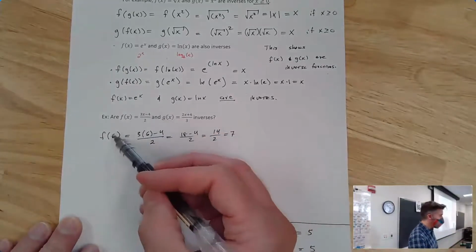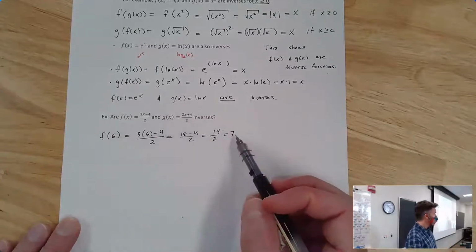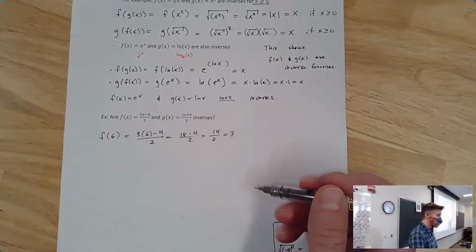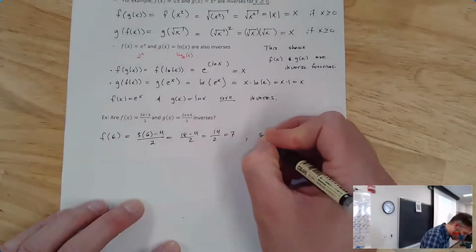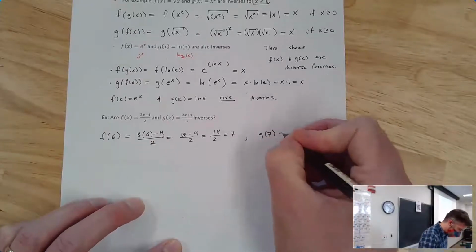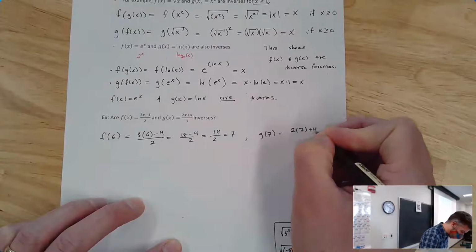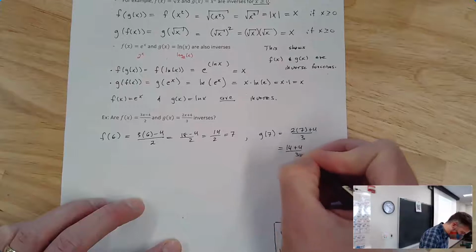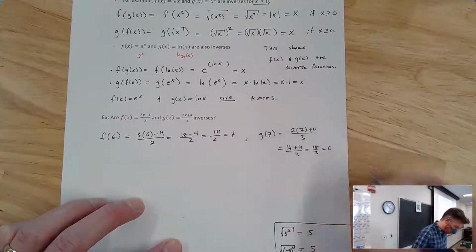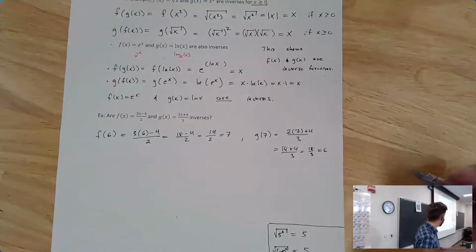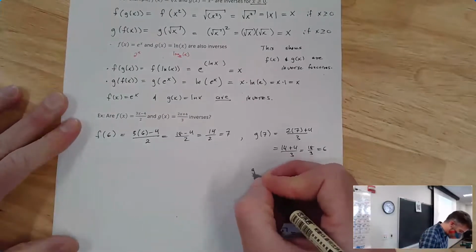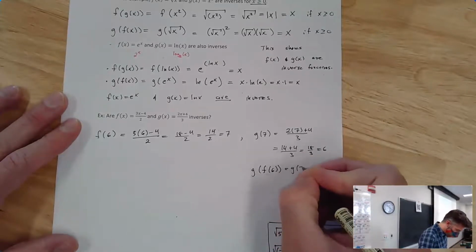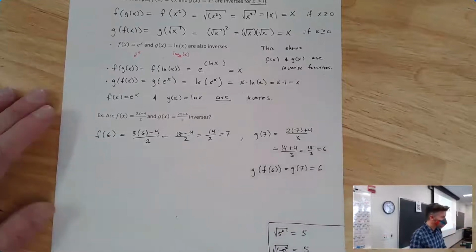So for f of x, if you input 6, you get out 7. g of x should undo that, meaning g of 7 should equal 6, and it does. g of 7 is going to be 2 times 7 plus 4 over 3, which is 14 plus 4 over 3, which is 18 over 3, which is 6. So at least for this one example, we can see, oh yeah, g of f of 6, which is g of 7, is equal to 6.